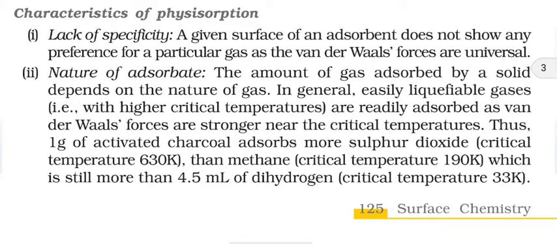So the first characteristic of physisorption is lack of specificity. Any gas can be adsorbed on the metal surface regardless of its electronic configuration or reactivity. A given surface of adsorbent does not show any preference for a particular gas, as van der Waals forces are universal. That means any type of gas will feel attraction on the surface.